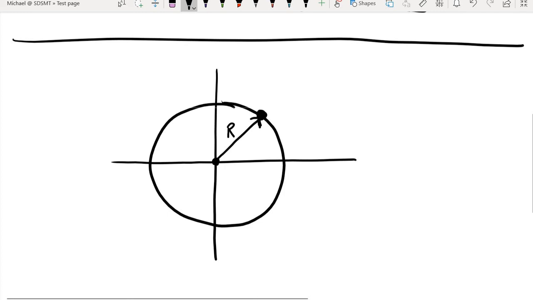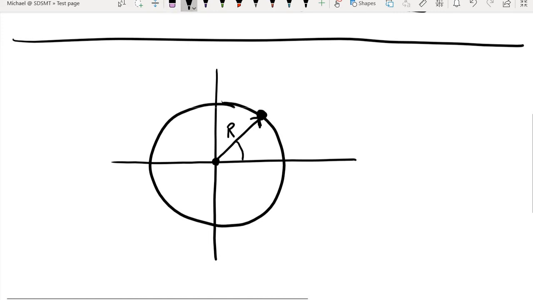And that radius vector, I could describe it one of two ways. I could use the magnitude of the radius and whatever angle it happens to be making with one of the axes, or I could describe it using its components in the x and y direction. And we're actually going to do both.